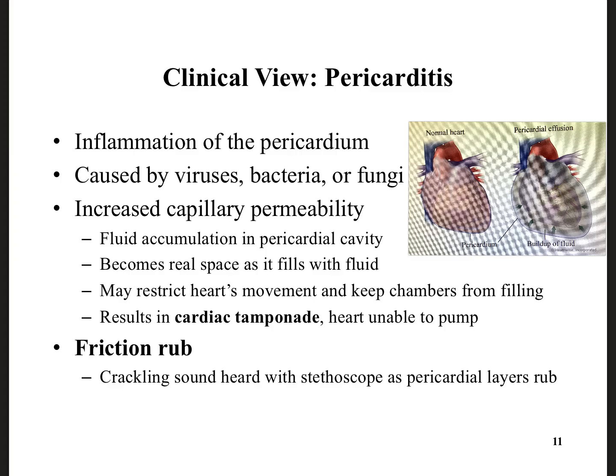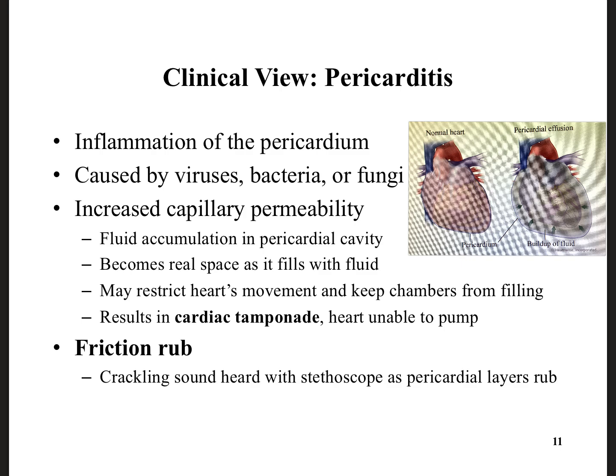So what does the heart have to do? Because your standard doesn't change, right? The goal is still perfusion. You have to deliver oxygen and blood to tissues. The tissues aren't going to change the demand. Does that make sense? So what does the heart have to do?